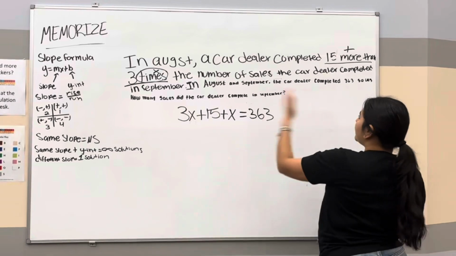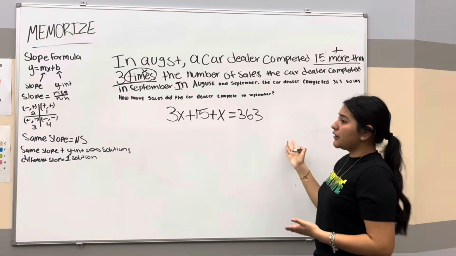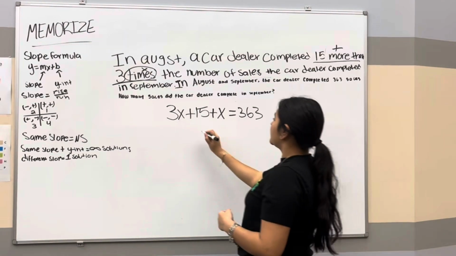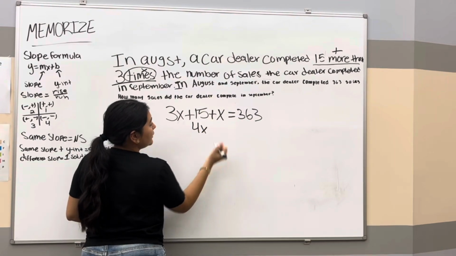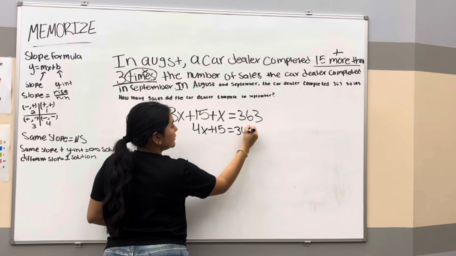Now that we have the equation, we need to solve for x. The first thing that I like to do is combine like terms. So 4x plus 15 equals 363.